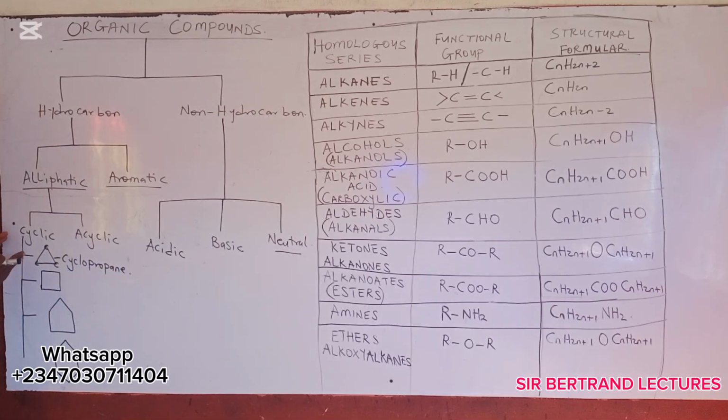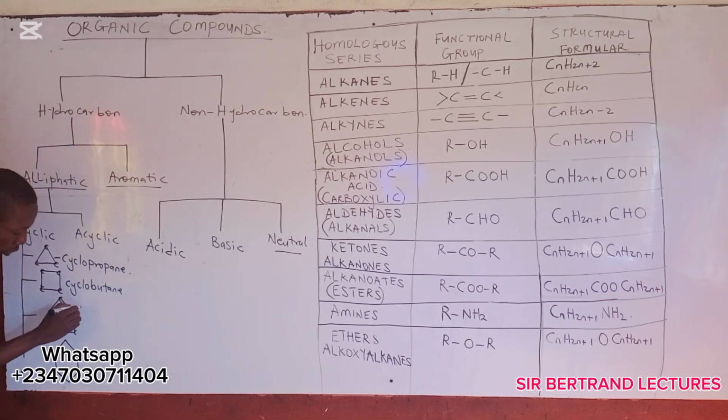Cyclic aliphatic hydrocarbons. One is cyclopropane. This one has four carbon atoms; four carbon is butane, right? So this is cyclobutane. Then here it has carbon atoms 1, 2, 3, 4, and 5. Five is pentane.